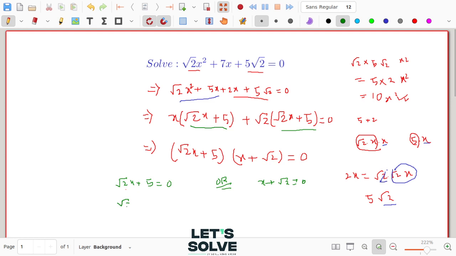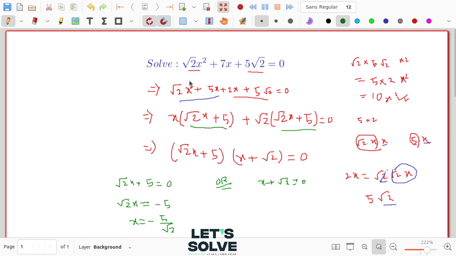From here we try to find the value of x. Plus 5, if you take it to the right side of the equation, it will be minus 5. So we can write x equals minus 5 by root 2. Okay, so we got one value of x.